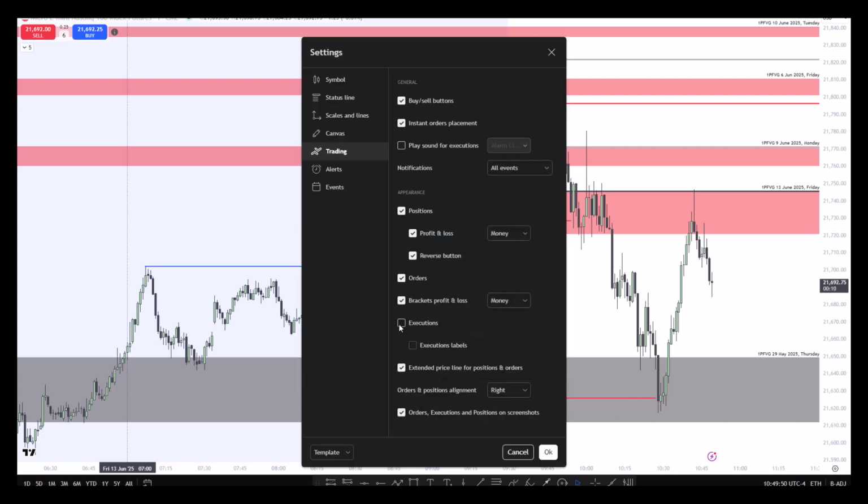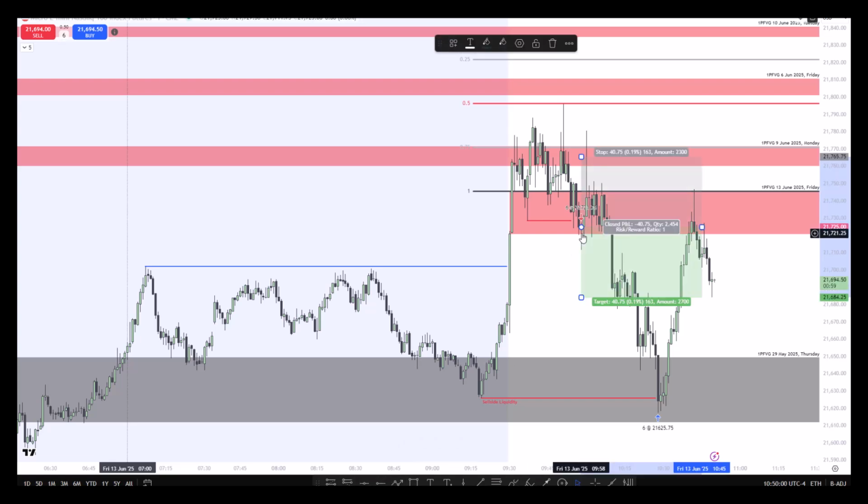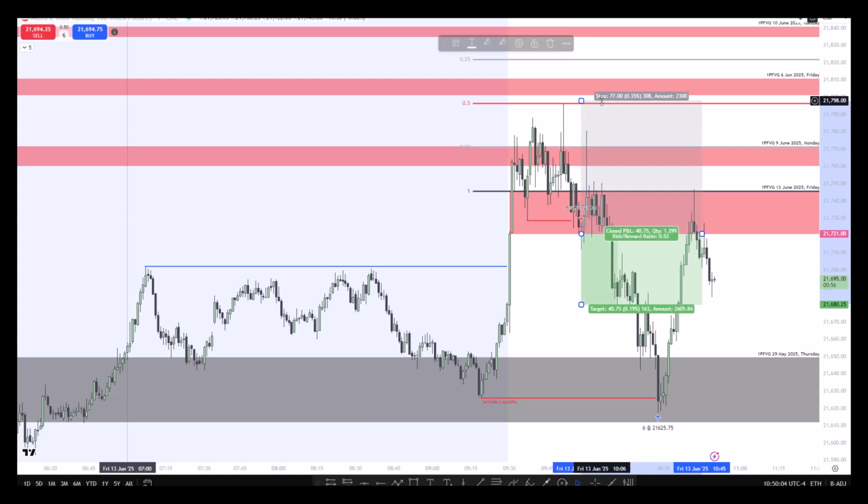But let me show you. This is my execution. I went in with 6 contracts right here. At the low of the first presented fair value gap is where I positioned myself, but my stop loss had to be all the way above the swing.